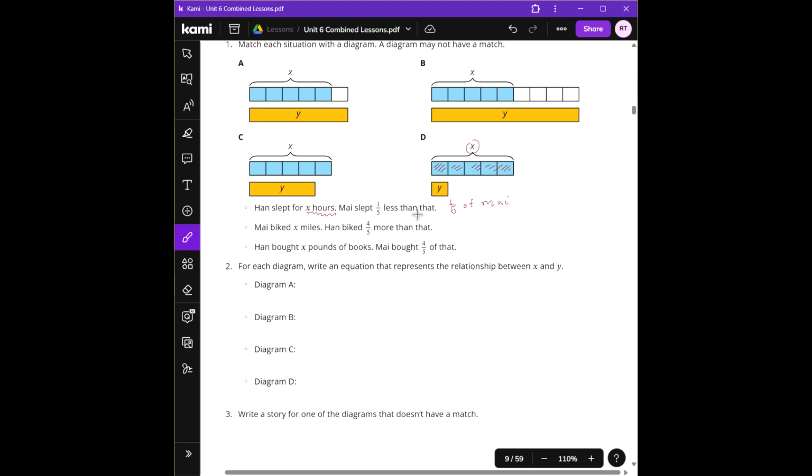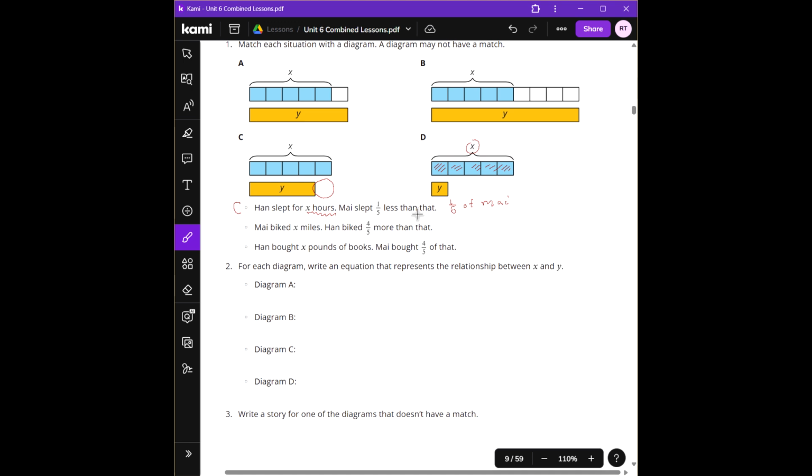May slept 1/5 less than that. Now, is this 1/5 less than? No, this is 1/5 less than. So the first one is going to be C.